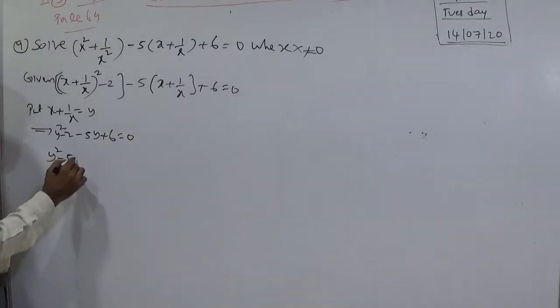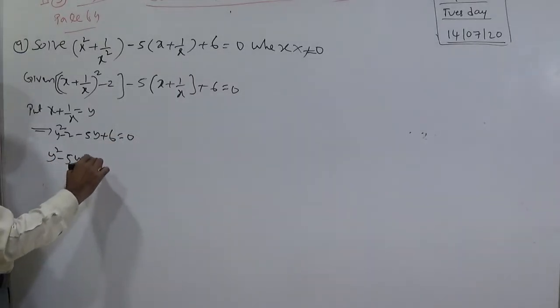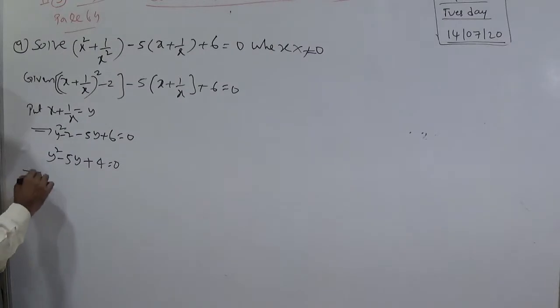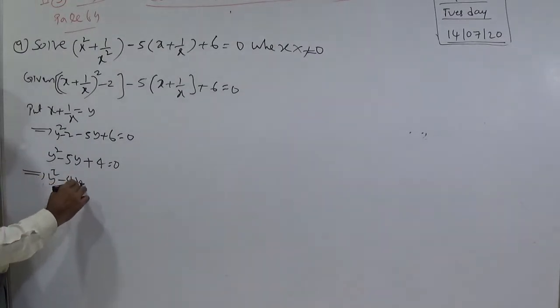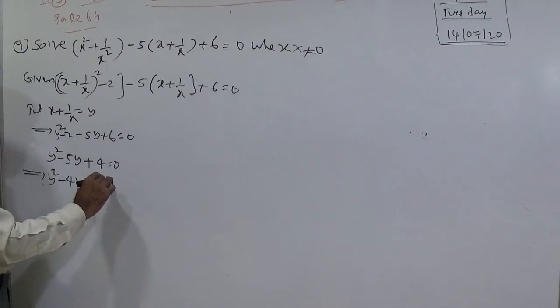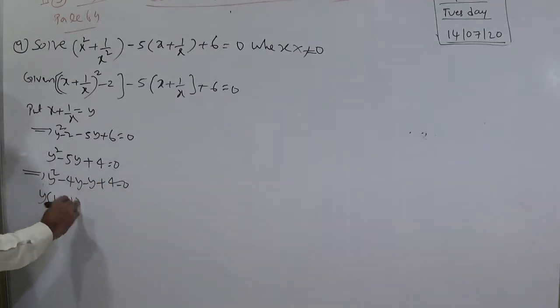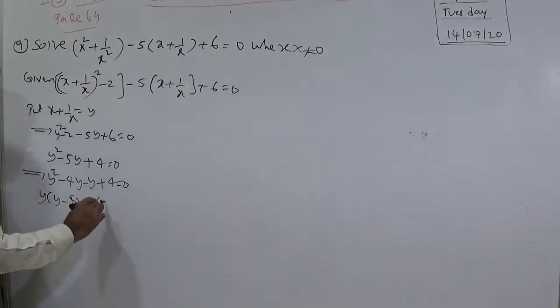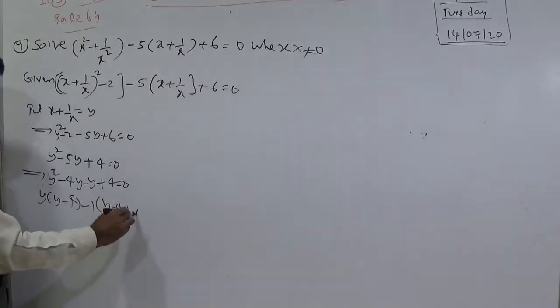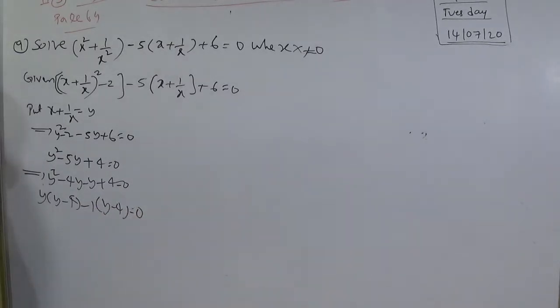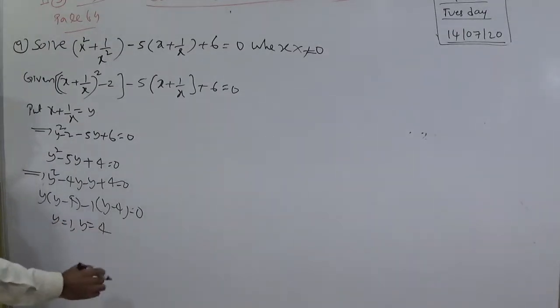Next step, y square minus 5y plus 4 equal to 0. That implies y square minus 4y minus y plus 4 equal to 0. Y taken common, it becomes y minus 4; minus 1 taken common, it becomes y minus 4 equal to 0. So here we can write y equal to 1, y equal to 4.